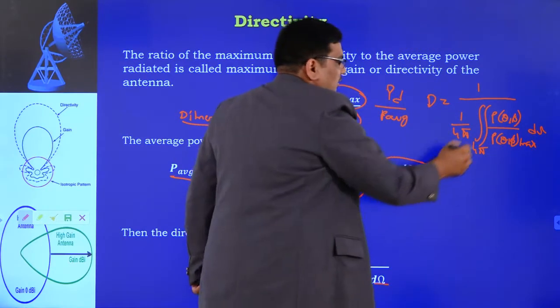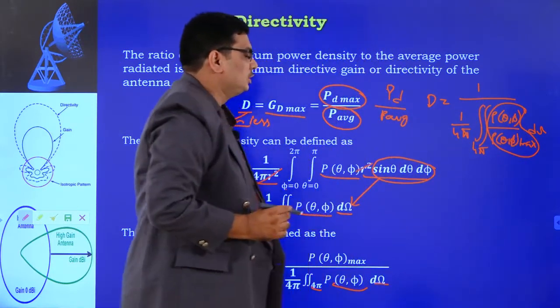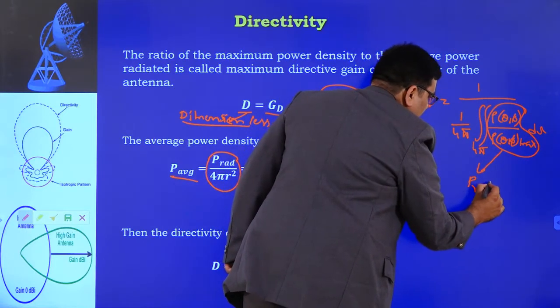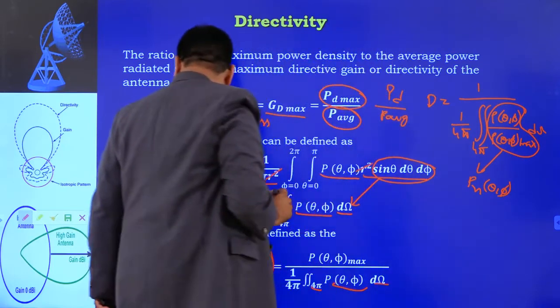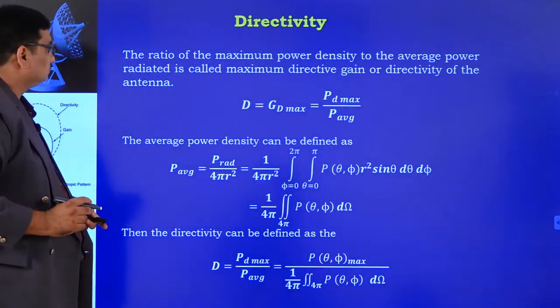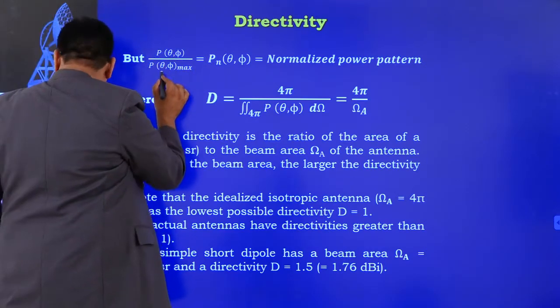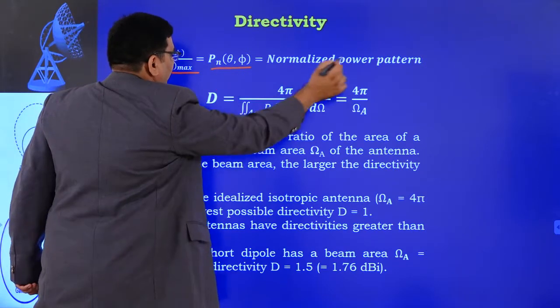So we know that P of theta max is equal to the normalized power, that is Pn of theta comma phi. So we know that P of theta comma phi by P max is the normalized power pattern.